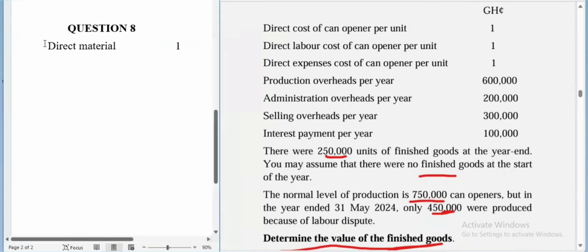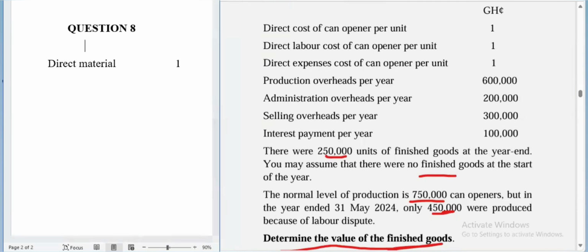Let's add the Ghana CD sign up here, always to make our workings more presentable. So we have direct material to be 1 CD.